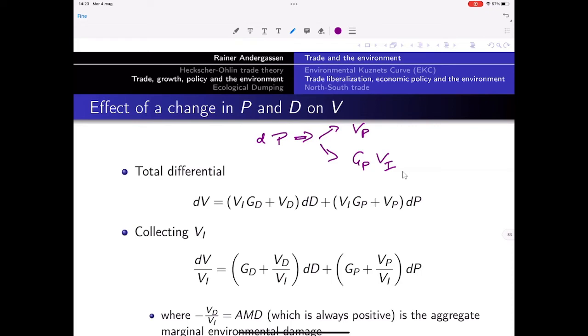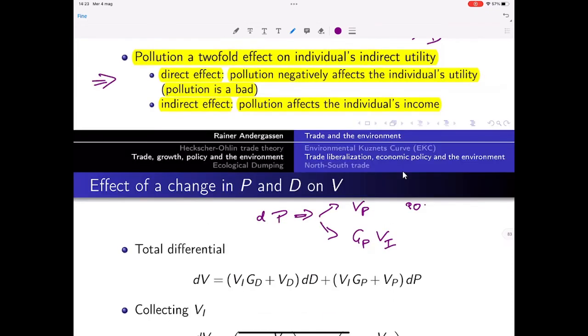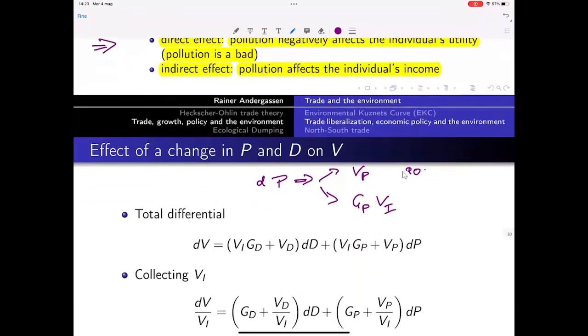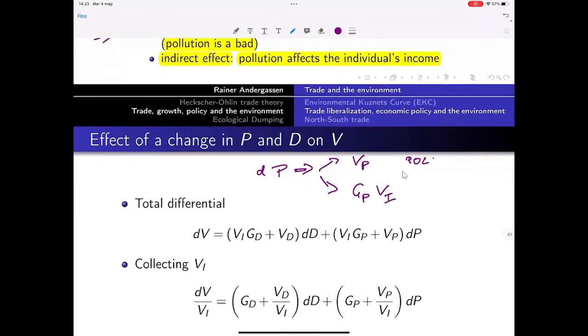Pollution is bad. And pollution affects income.